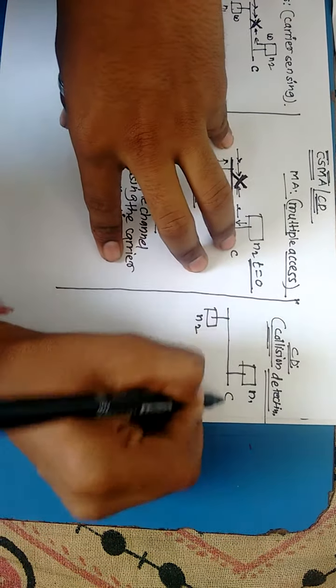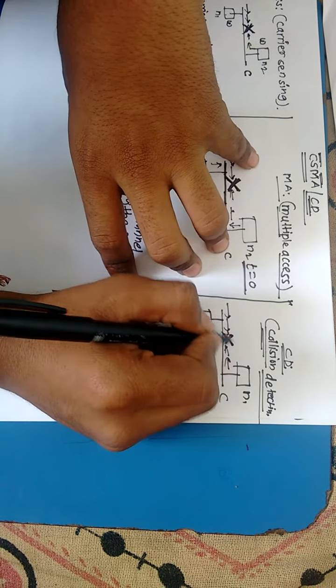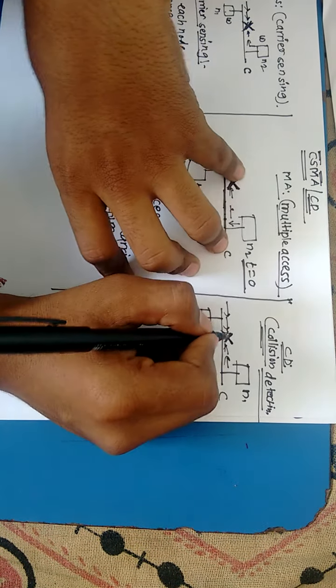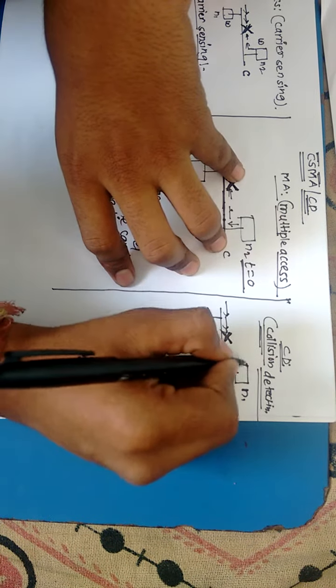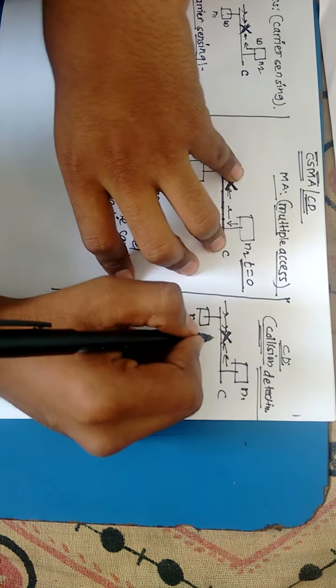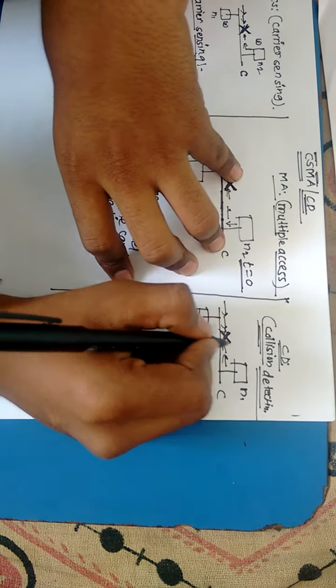As usual, a collision occurs. We need to stop that collision and inform the two nodes that a collision has occurred.